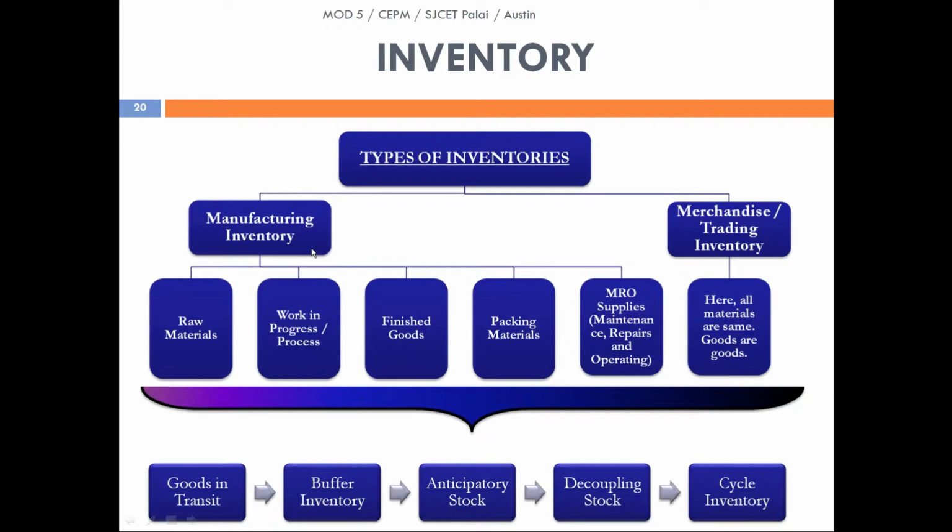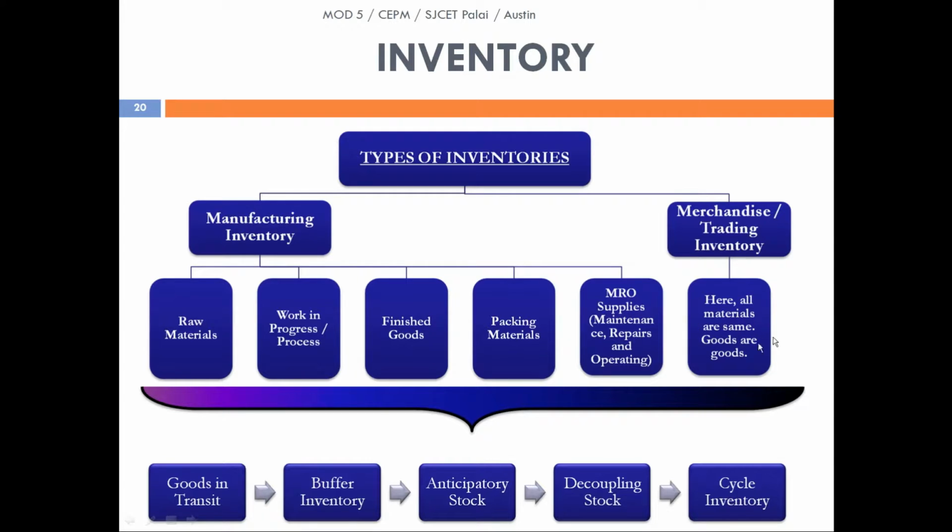Manufacturing inventory is further classified into raw materials, work in progress or process, finished goods, packing materials, and MRO, which is maintenance, repairs and operating, and the merchandise or trading inventory covers all other materials that can be taken into consideration.